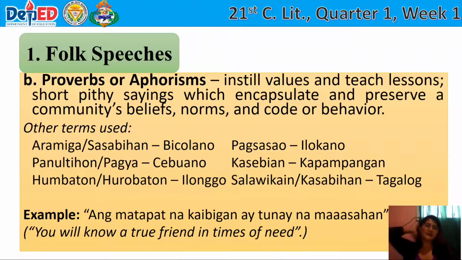Other examples of salawikain that are popular are, for example, "Ang hindi marunong lumingon sa kanyang pinanggalingan ay hindi makakarating sa kanyang paroroonan." So, that particular salawikain or proverb would tell a person, no matter how successful a person is, that person should always look back on his own beginnings.